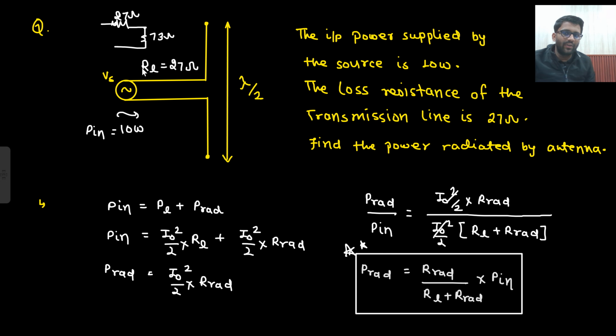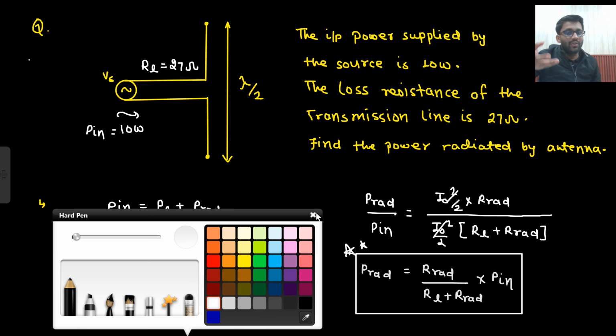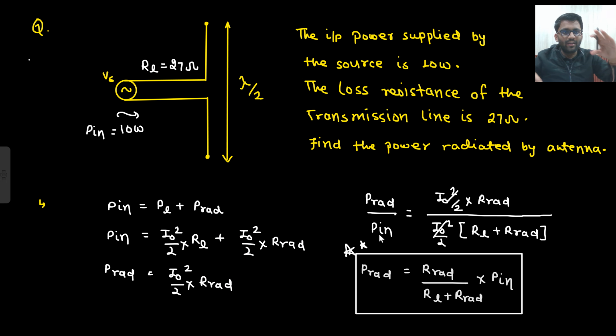So like resistances you need to take, and now you don't need to divide the potential, you need to divide the power. So how will you divide the power? P in into 73 divided by 73 plus 27. This is what we are doing. This is just a way to remember. In the back of my mind I will treat the transmission line as a 27 ohm resistance, and now I need to divide the power. So P radiated will be 73 divided by 73 plus 27.